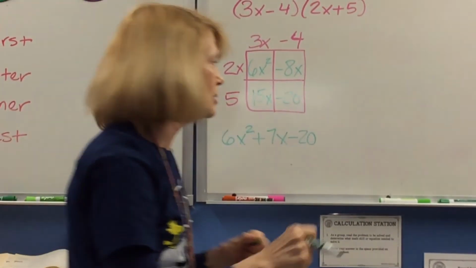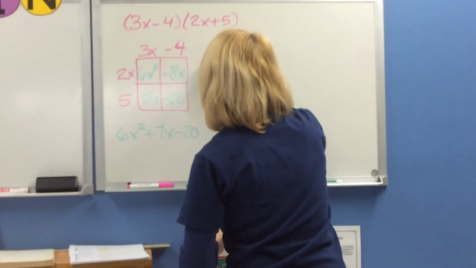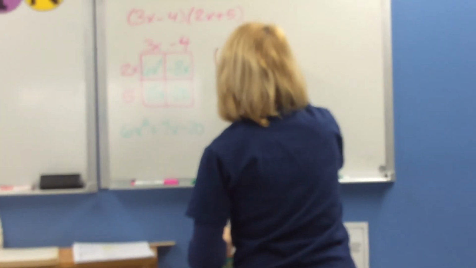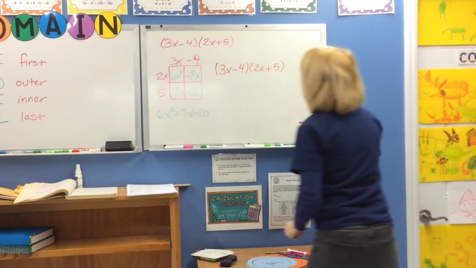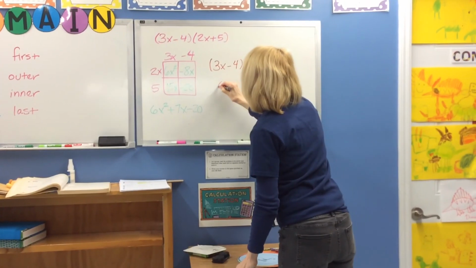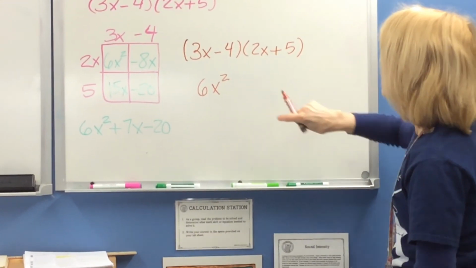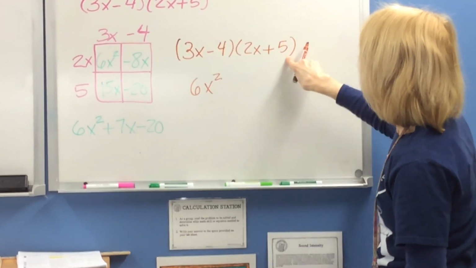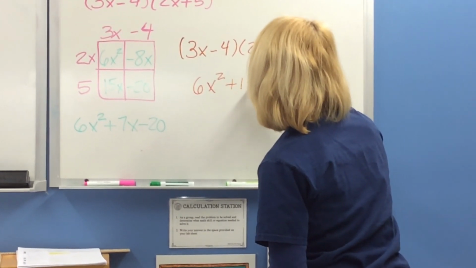Okay, let's do the same problem using FOIL. So I'm going to do first, 3x times 2x, 6x squared. Then I'm going to do outer, 3x times 5, plus 15x.